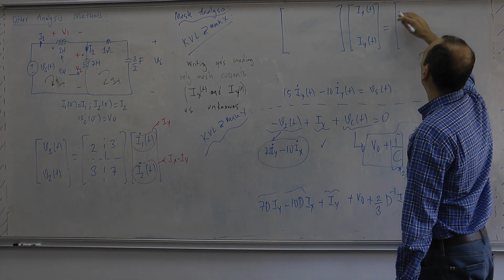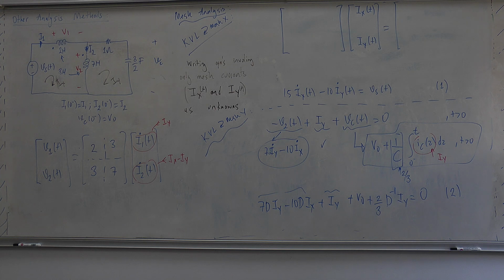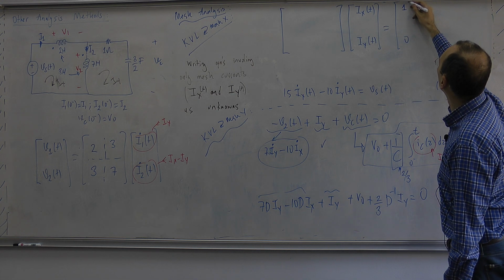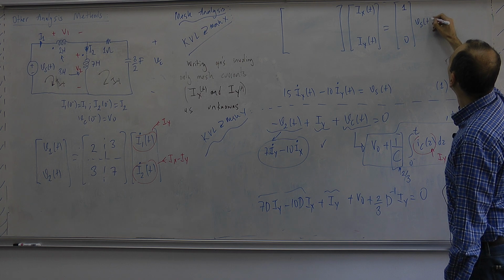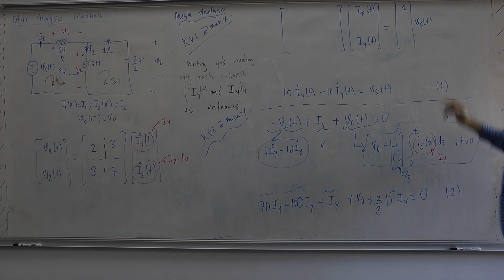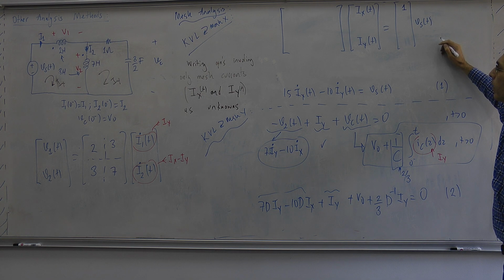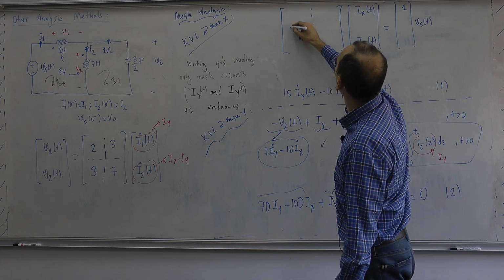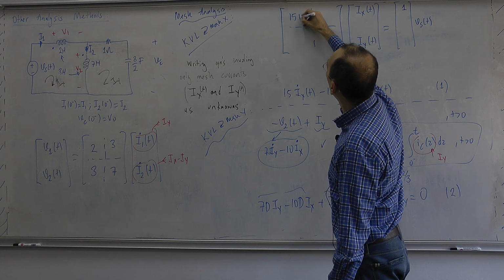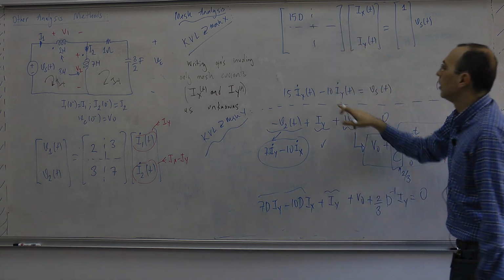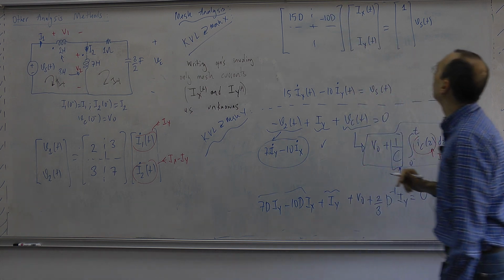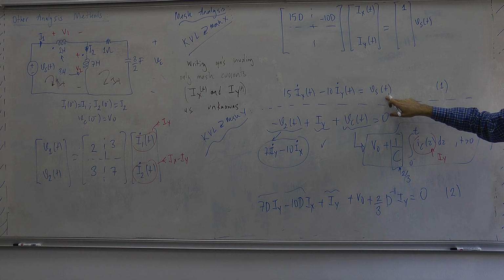The known quantities are always on the right hand side. For example, over here, I have vs of t, 1, 0. Well, I don't know whether this is 0, 1 vs of t. Okay, so 15 ix dot, so let me separate this, 15d, minus 10 diy is equal to vs of t.